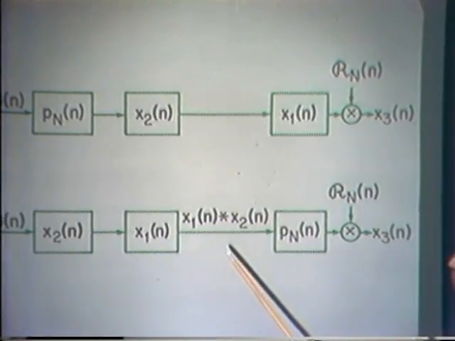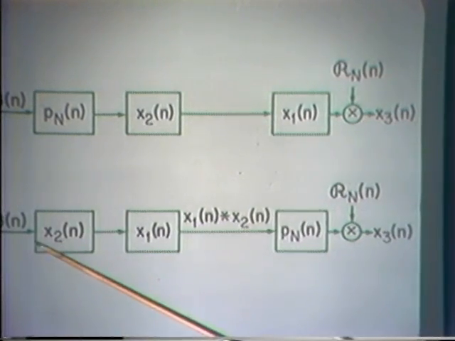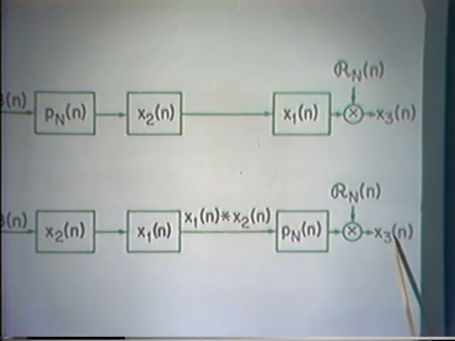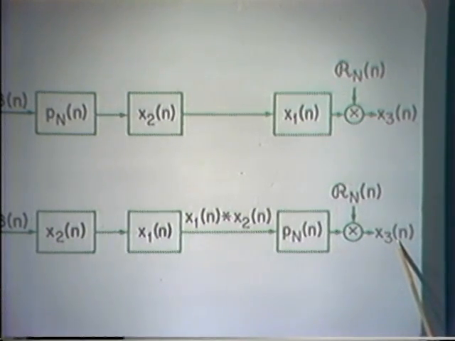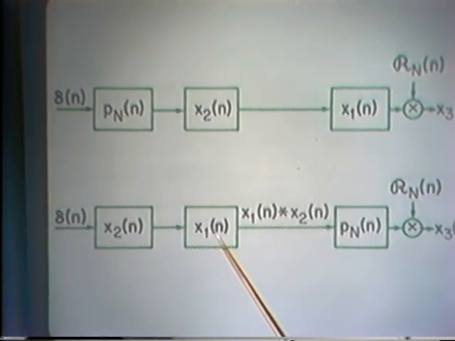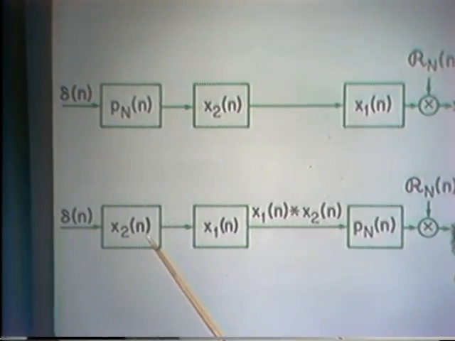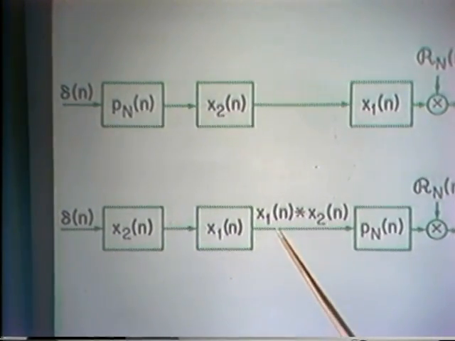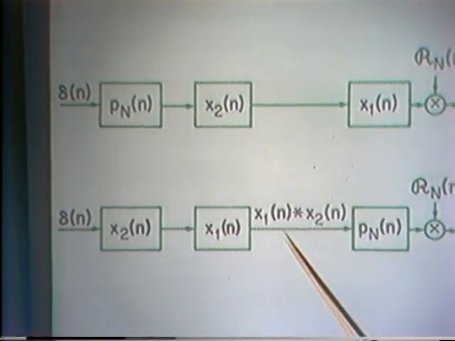Well, what does this mean? This means that I can equivalently form the circular convolution of x1 of n and x2 of n by first forming the linear convolution of x1 and x2. That's, of course, what the impulse response of these two systems in cascade is.